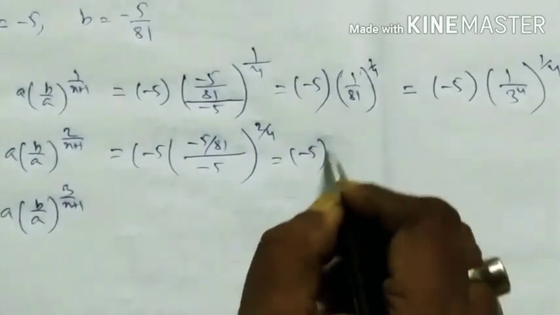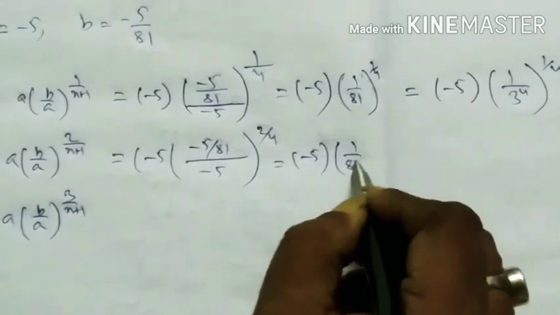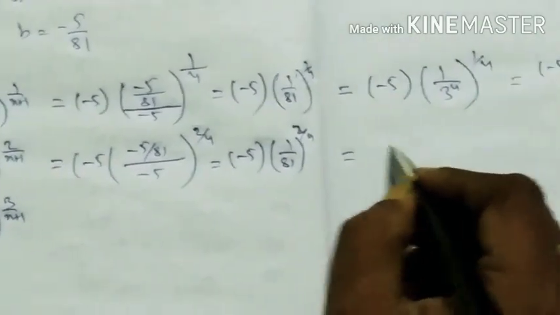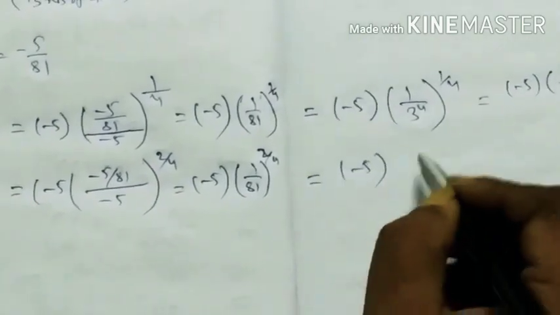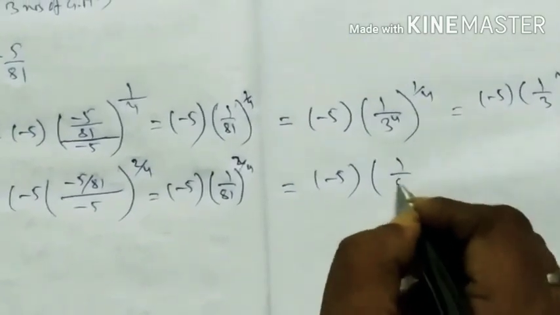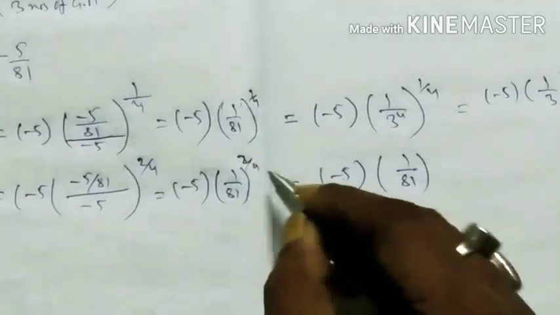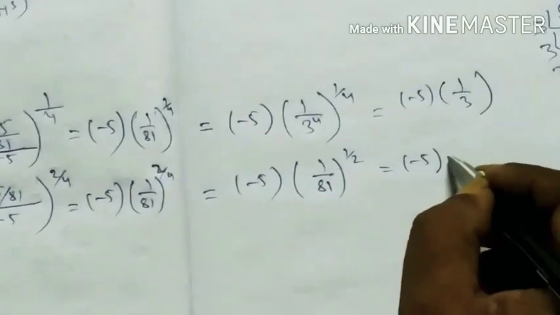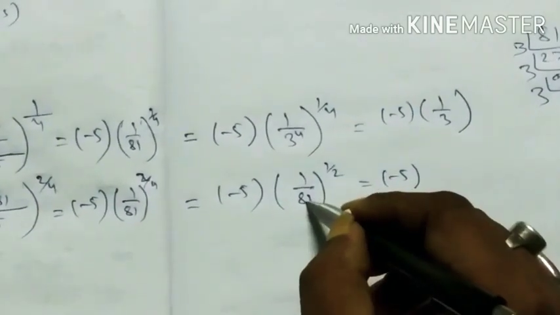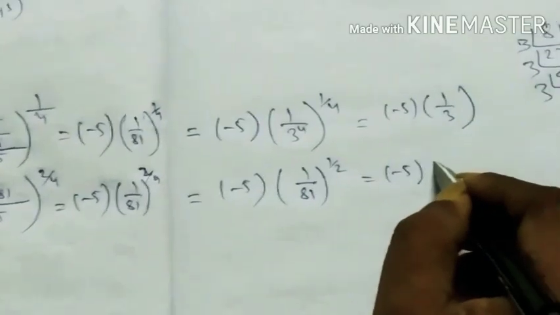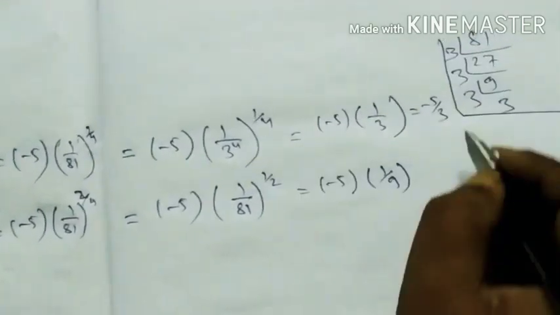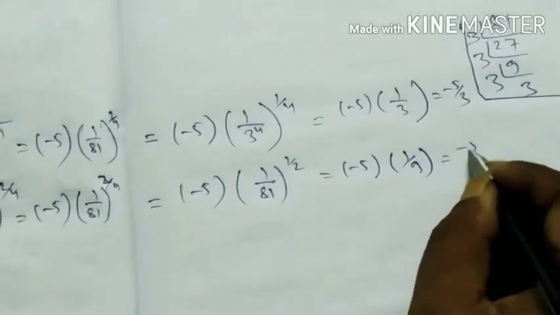Minus 5, now again 1 by 81 to the power of 2 by 4, and 2 by 4 means 1 by 2, so minus 5, and 81 means 9 square, cancels out, so 1 by 9. So I can write this as minus 5 by 3 and this as minus 5 by 9.